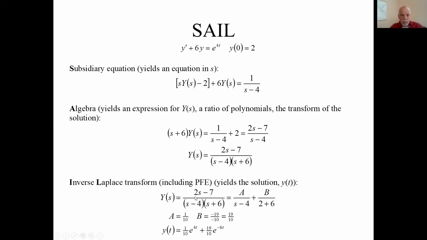So we have minus 12 minus 7, which is minus 19, over minus 6 minus 4, which is minus 10, or 19 over 10. These are easy inverse transforms. This is e to the 4t, this is e to the minus 6t. Here is our solution. A way to solve ordinary differential equations that are linear.